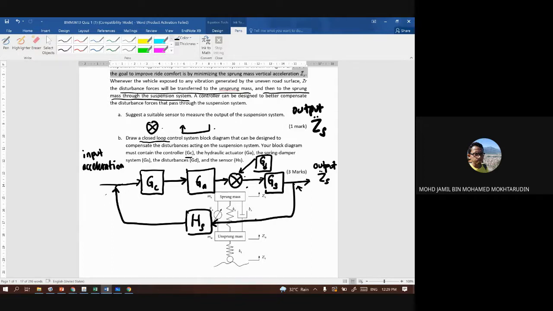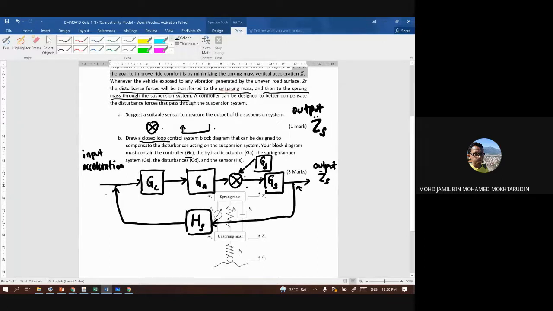So the question regarding drawing block diagram is something that you can get full marks, or even if not full marks, maybe half. Please make sure you have all of the things correct, like the summing junction, the feedback loop, and the components, the blocks.